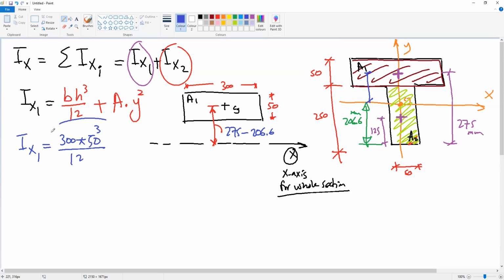This is the first term, plus A, which is 300 times 50, the area, times the coordinate 275 minus 206.6 squared. Okay, so this is the inertia Ix1. Can you do the calculation for me? I will be in just a second.